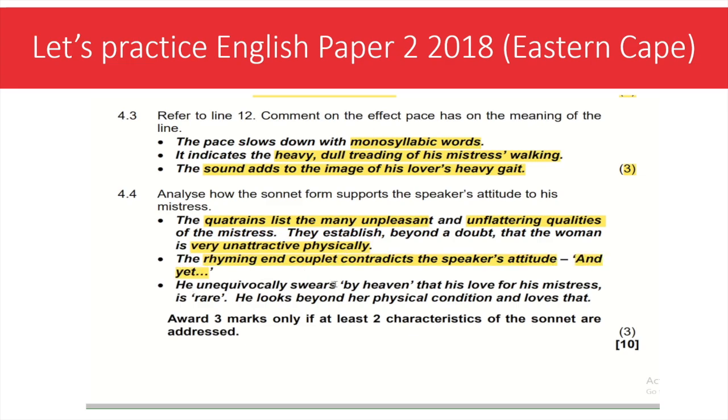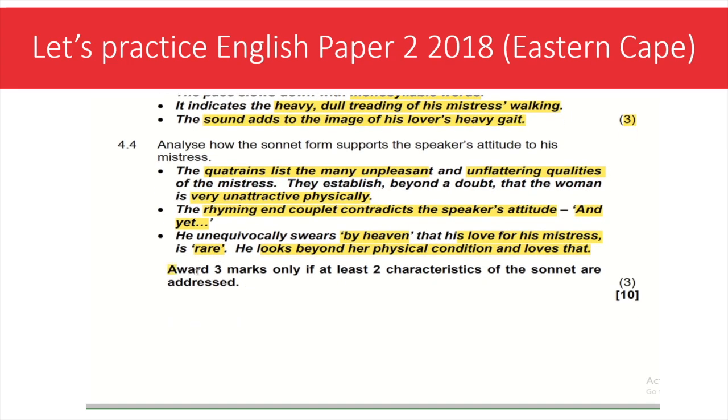He unequivocally swears, so he swears by heaven, that his love for his mistress is rare. He looks beyond her physical condition, and he actually loves that. Then, a very important part over here: award 3 marks only if at least 2 characteristics of the sonnet are addressed, and then you will get your full 3 marks and your 10 out of 10.